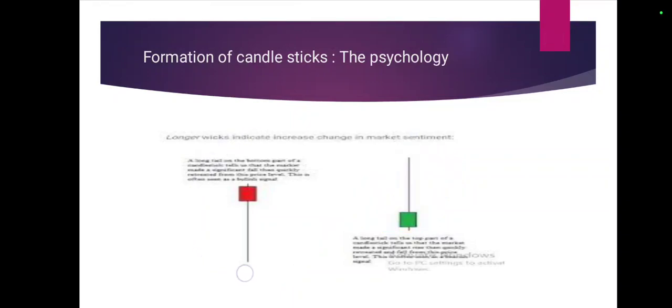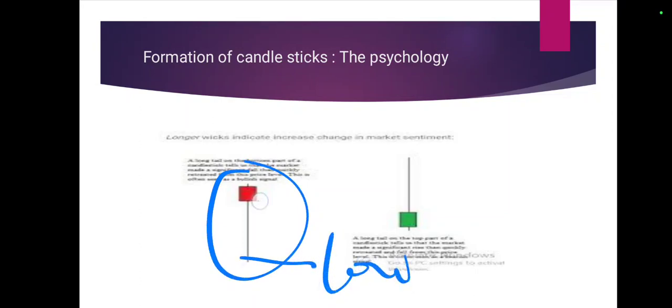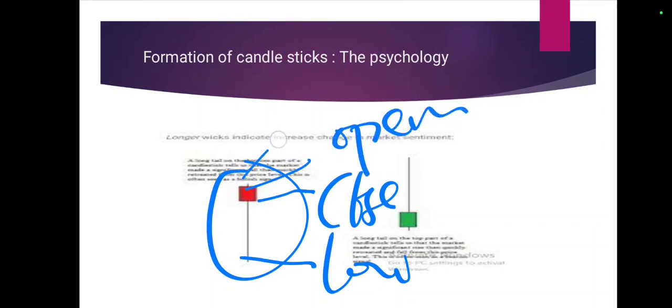The opposite is true with this other one. This other candle is also a hammer candle. What it signifies is this: it also has the low, the close, the open, and the high.